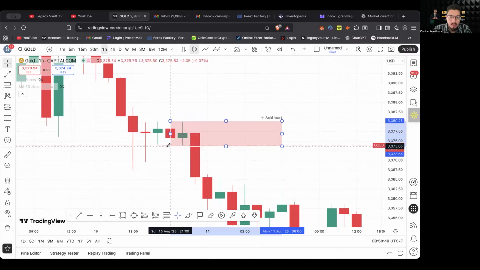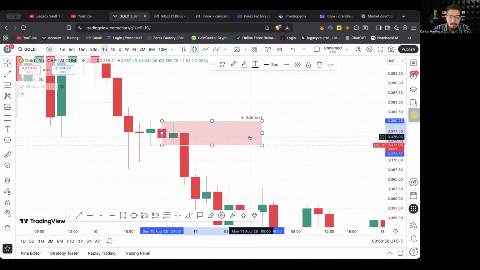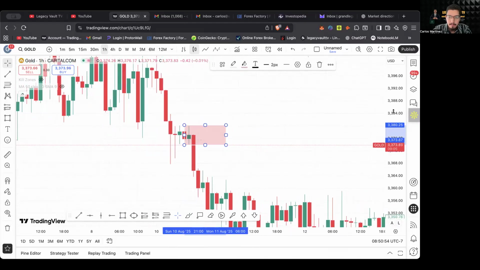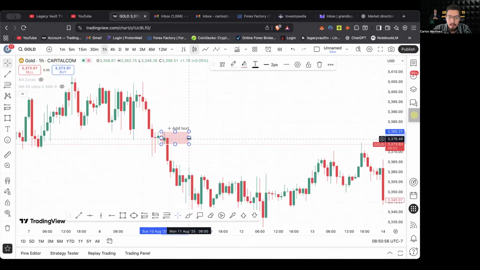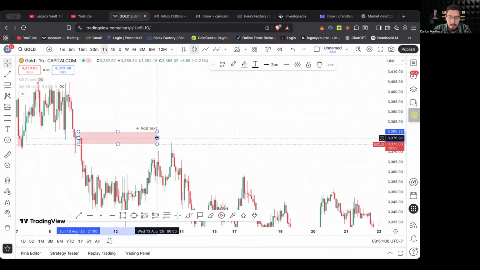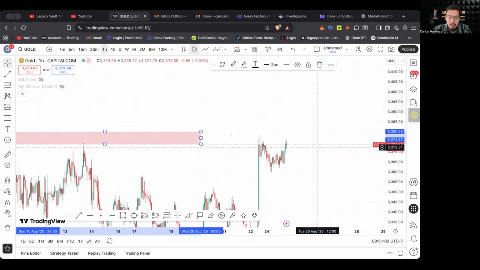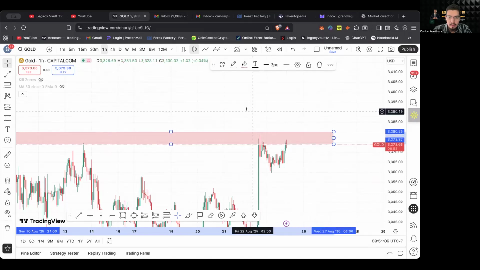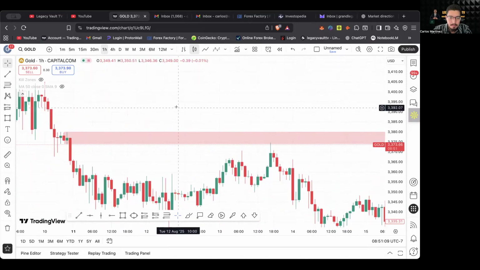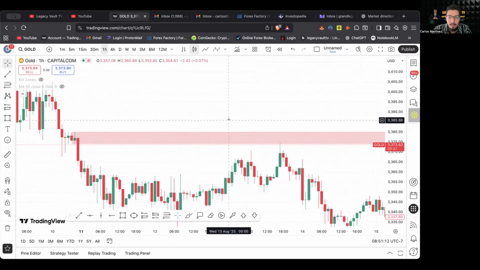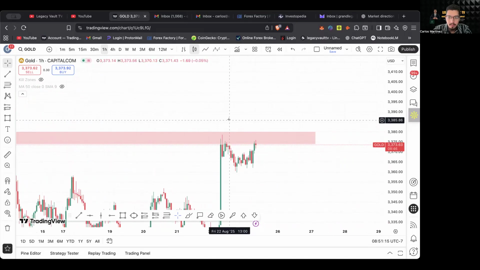So when you see this, you draw a rectangle, and then you see price now is coming back to this area to retest. Now this is considered a supply zone.